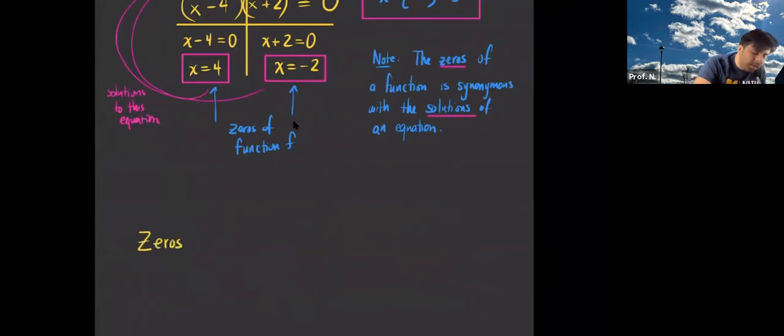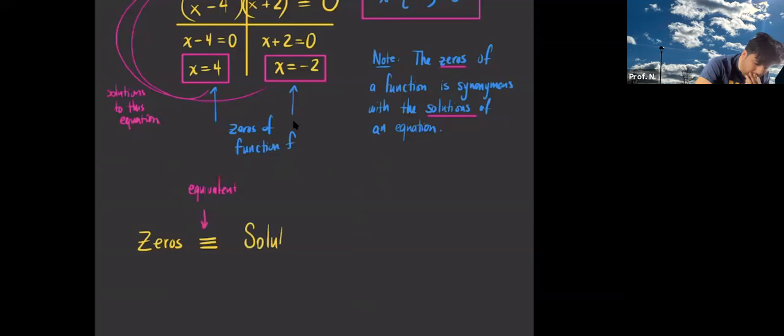So zeros, and these three horizontal lines mean equivalent. It's equivalent to saying solutions, and it's equivalent to saying the roots, and that's equivalent to saying the x-intercepts.